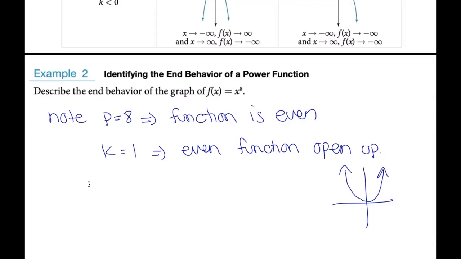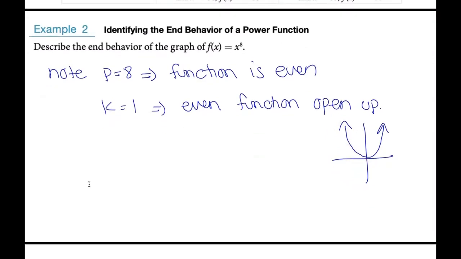So as x approaches negative infinity, f of x will approach positive infinity. So let's put all of that into words. As x approaches negative infinity, f of x approaches positive infinity, and as x approaches positive infinity, f of x also approaches positive infinity.